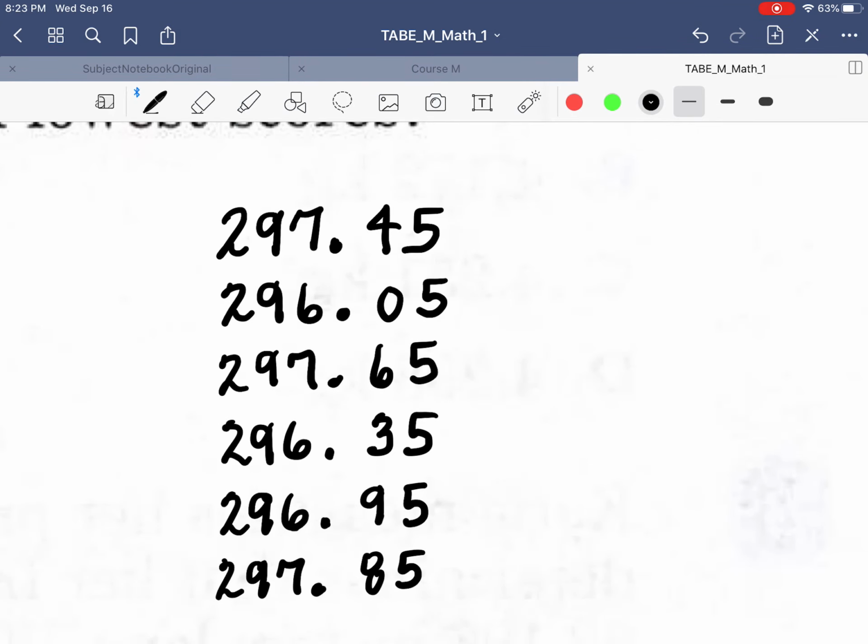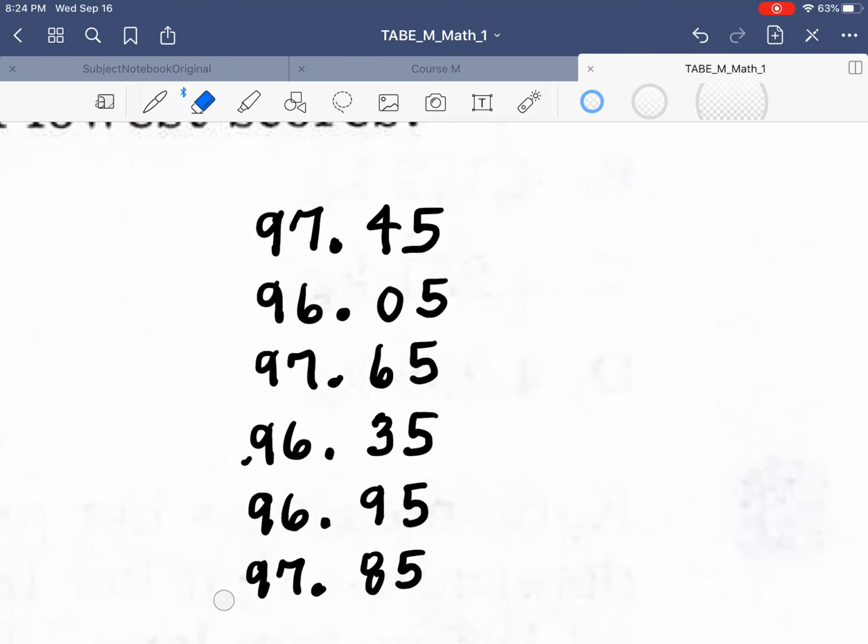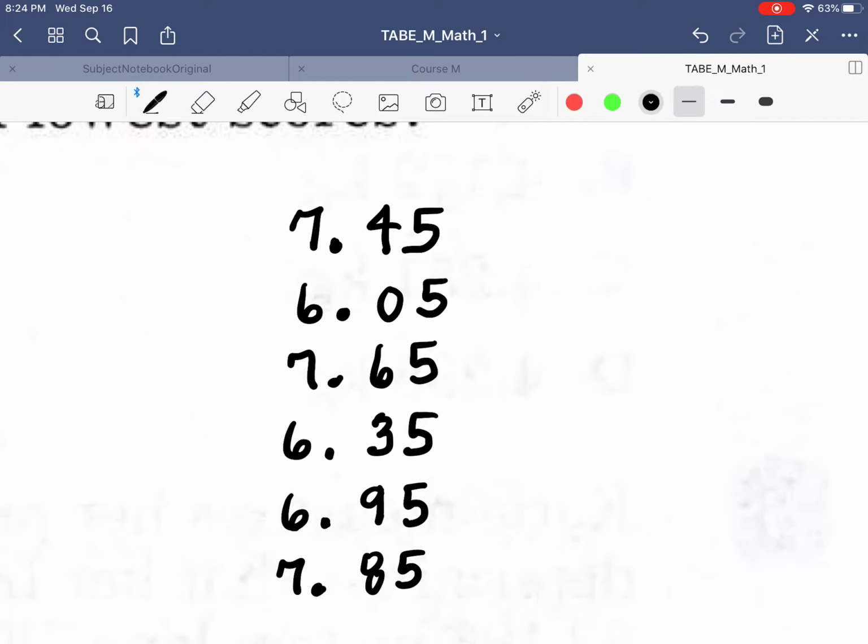Now I am physically going to erase the 2's because they're all the same. The 9's are all the same. And this just makes it a little easier for my eyes to judge. Of these numbers, which is the smallest?